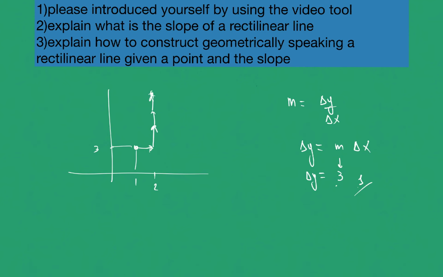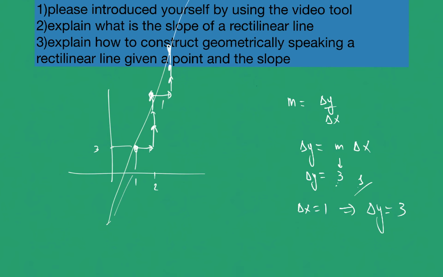Now I will move again 1 unit to the right, delta x equal 1, which means delta y, in this case that the slope is 3, is 3 by 1, 3. So again, 1, 2, and 3. So the rectilinear line is being constructed like this.